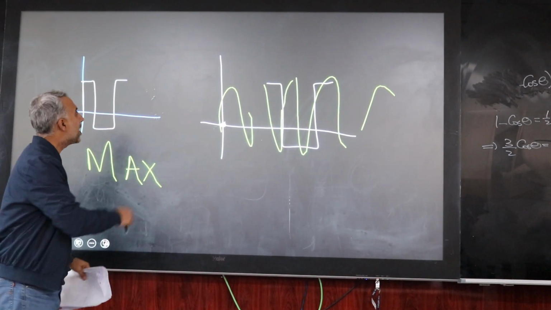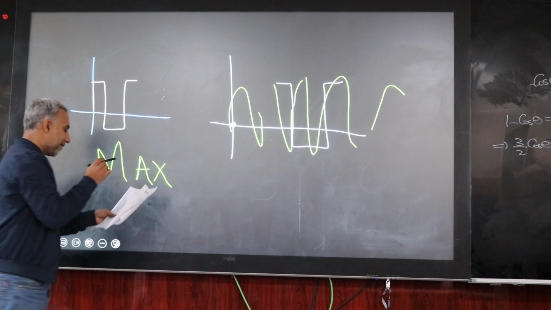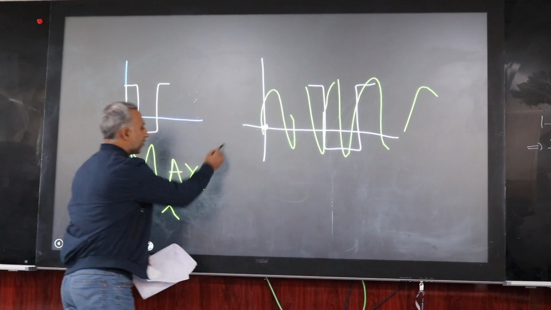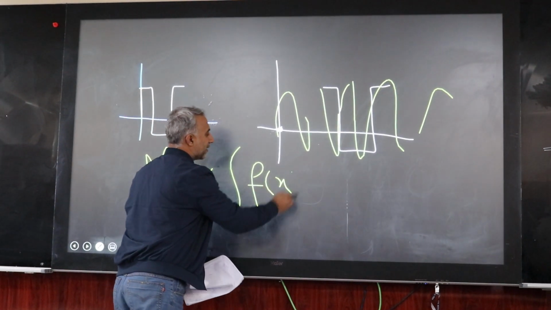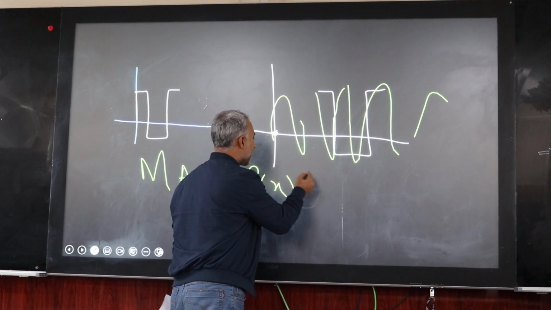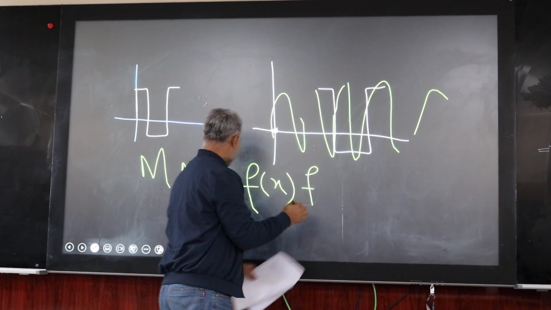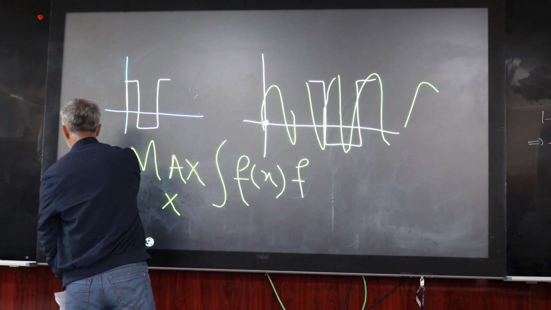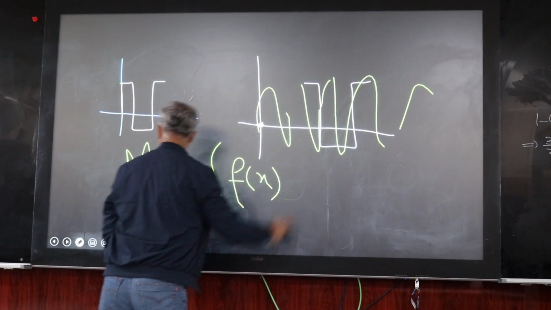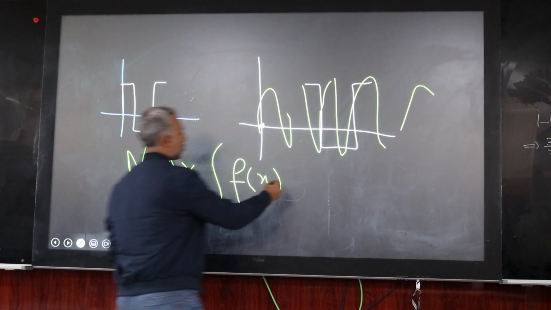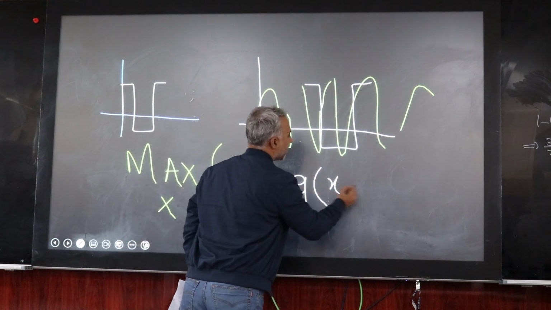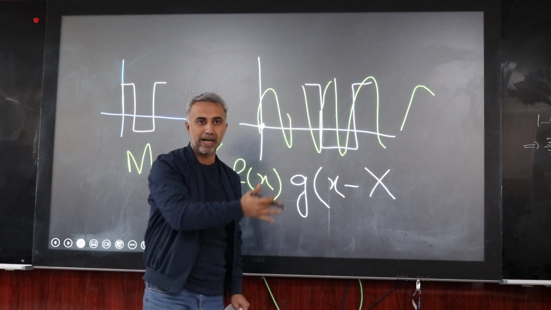In the 1D signal, it is very easy: f of x, and then another signal, the shifted, translated signal, g of x minus big X, a feature kind of thing.